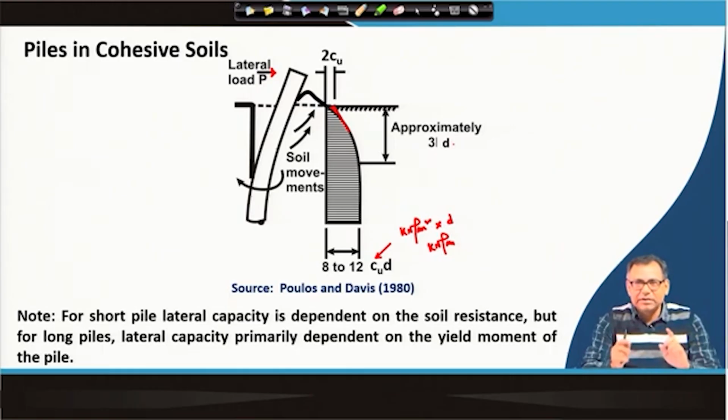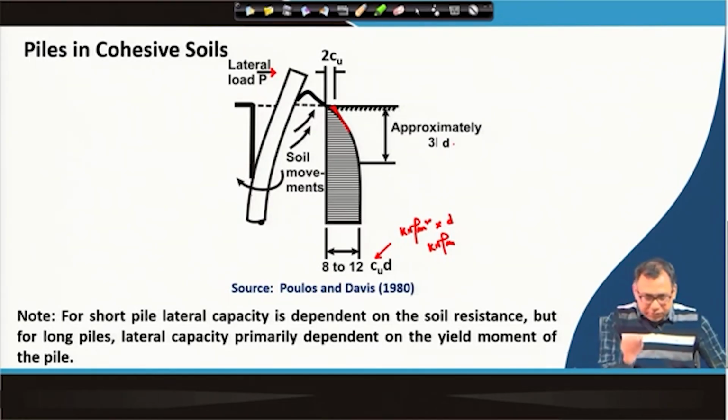That means the soil resistance gives the whole lateral resistance for the lateral loaded pile. So, lateral capacity of the pile solely depends on the soil resistance for short pile, but for the long pile, lateral capacity primarily depends on the yield moment of the pile.